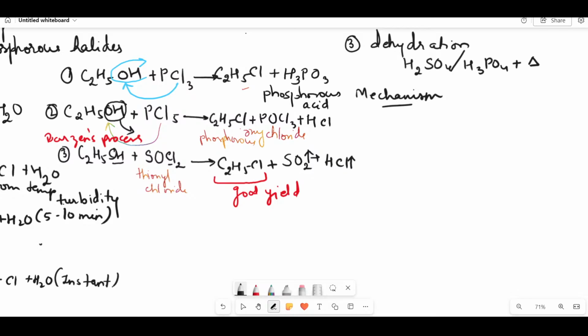First, let us see the mechanism. C2H5OH. Let me take ethyl alcohol. CH3, CH2, OH.